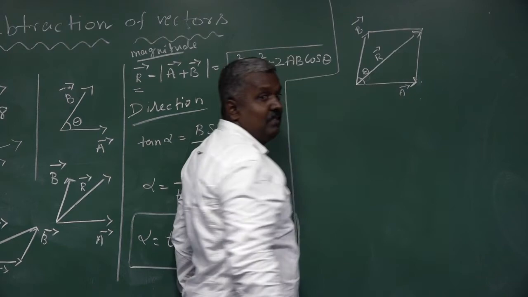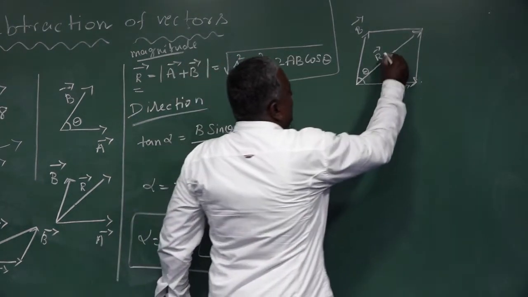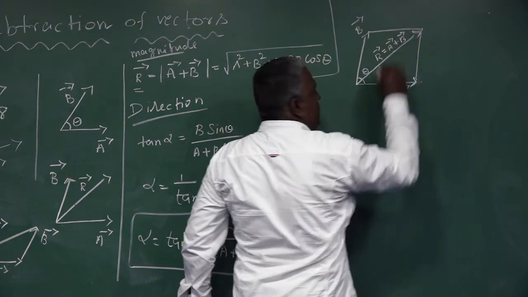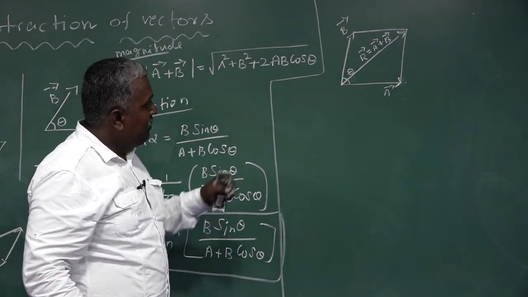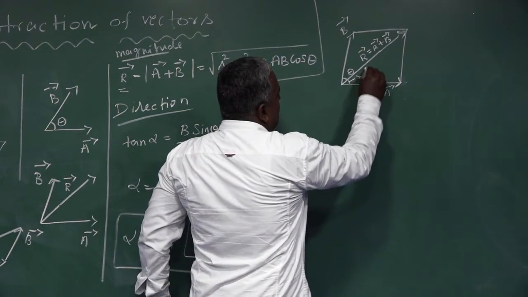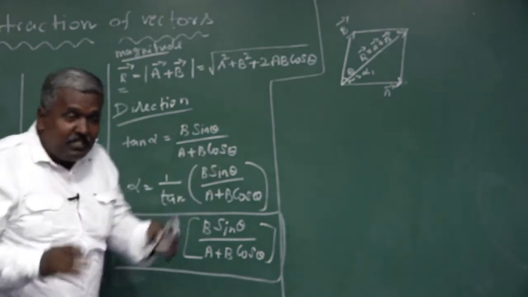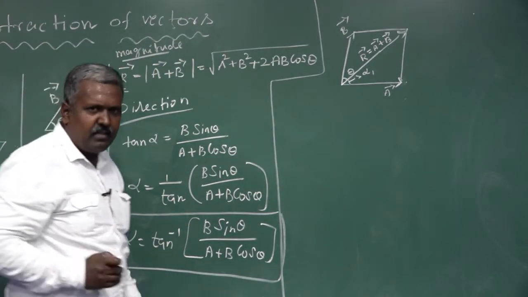What is this? Resultant of two vectors. Addition or subtraction? Addition. It is equal to A vector plus B vector, or modulus of A vector plus B vector. Let us consider alpha 1. But now we are going to discuss not addition, but subtraction. So listen properly.